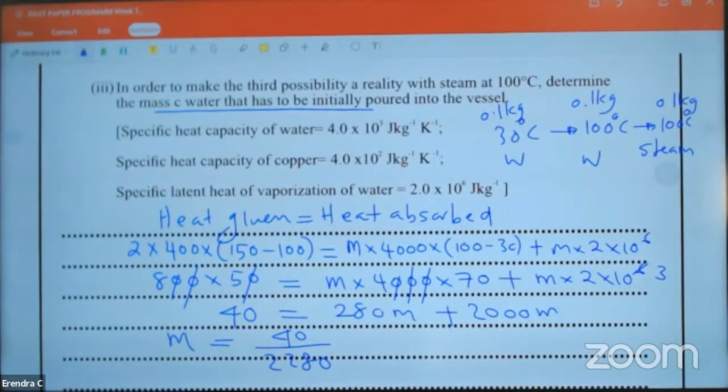Somebody here divide and tell me what's the answer. Somebody tell me. What's your answer?